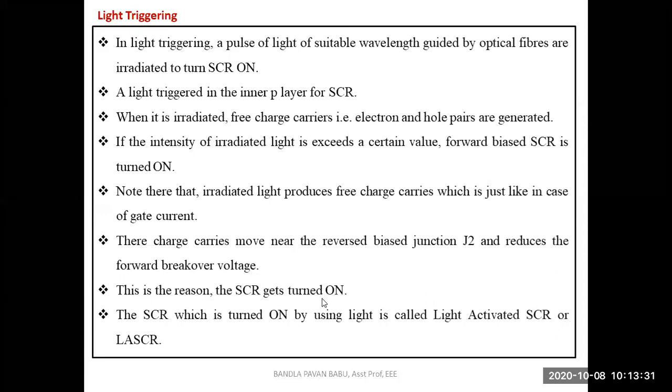In the light triggering, similar to what we have seen in the case of temperature, a pulse of light of a suitable wavelength, guided by optical fibers, is irradiated to the SCR. Again in the P layer, that is the third P layer.